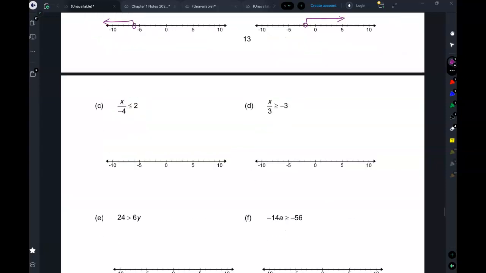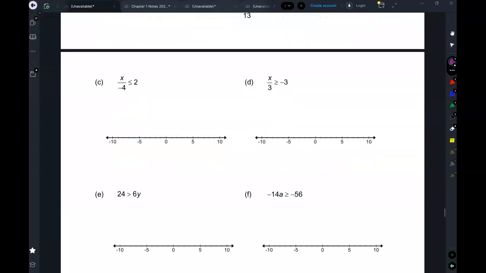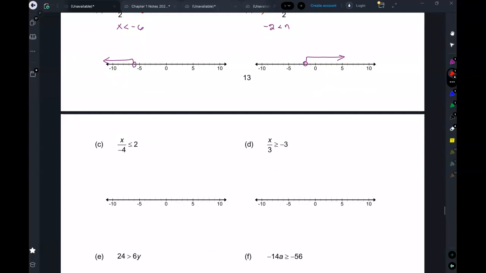Okay, now here. What do I multiply both sides by? Negative 4 over 1, so negative 4. Now, here I have x, and now look, the number that I'm multiplying to both sides is negative.